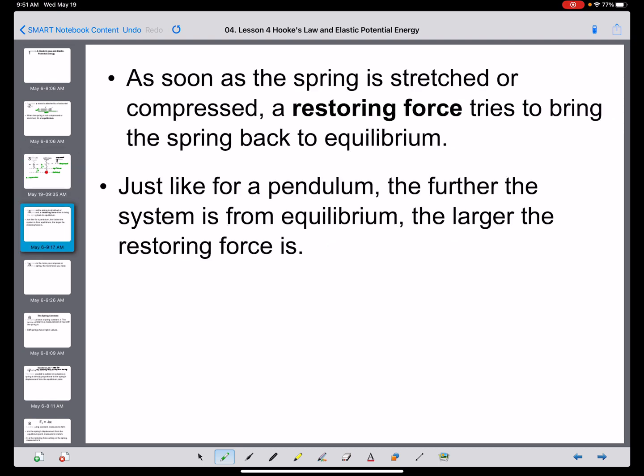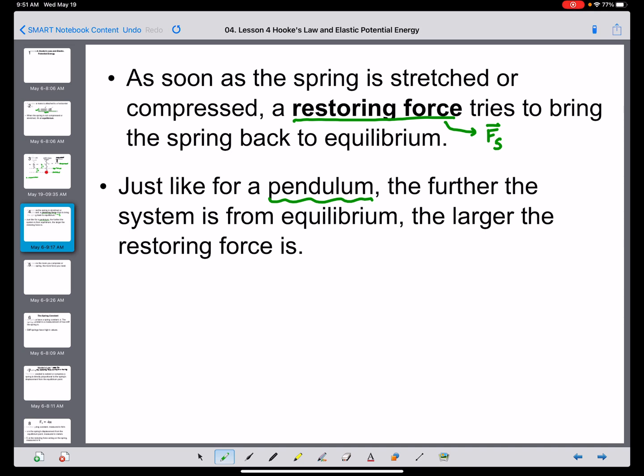Okay, as soon as the spring is stretched or compressed, a restoring force tries to bring the spring back to equilibrium. And that restoring force, the symbol for it in this lesson is going to be F with an S, where the S stands for spring. And this is actually really similar to a pendulum.